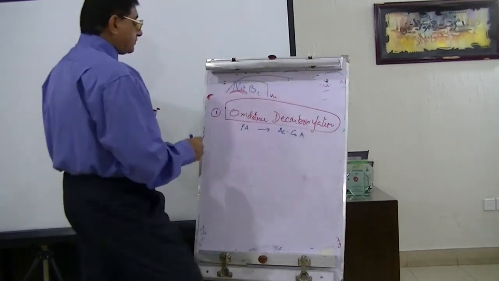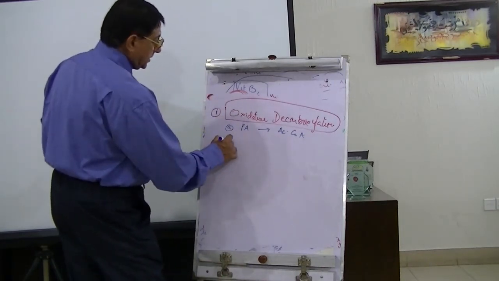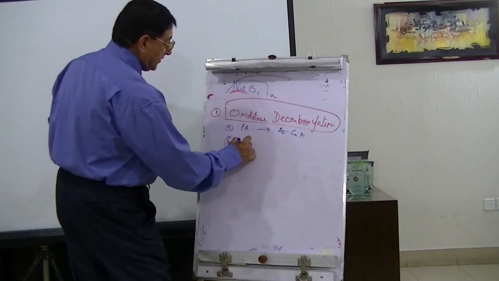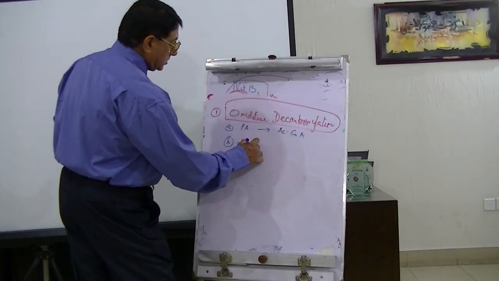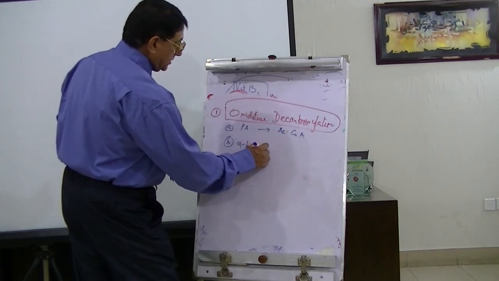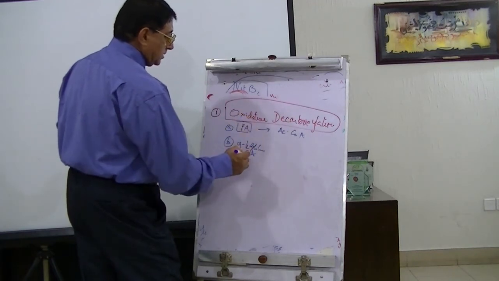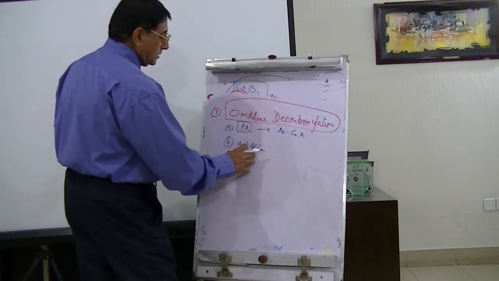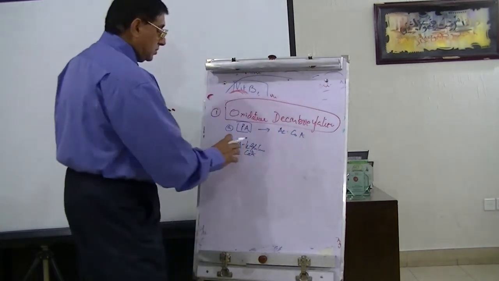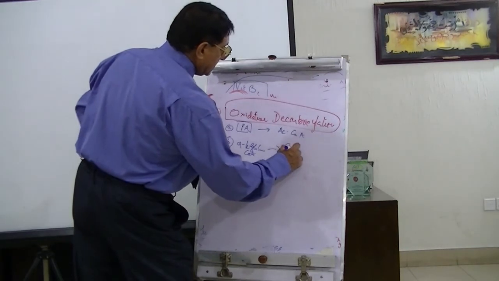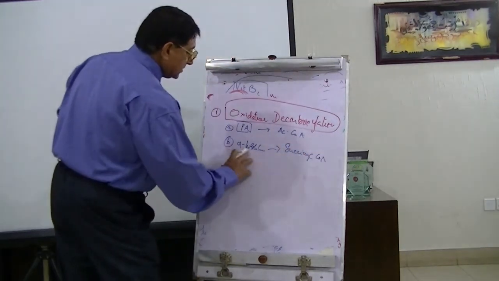Number 2, it causes the conversion of alpha ketoglutarate to succinyl-CoA.